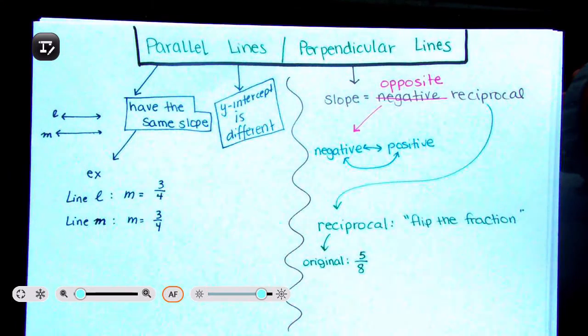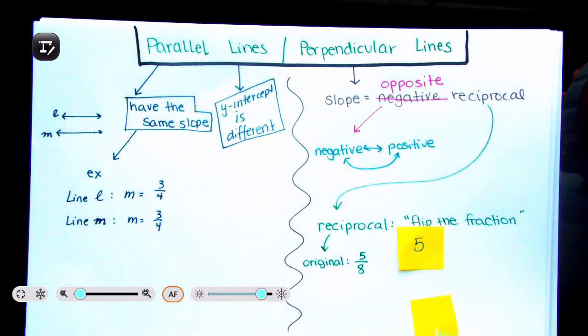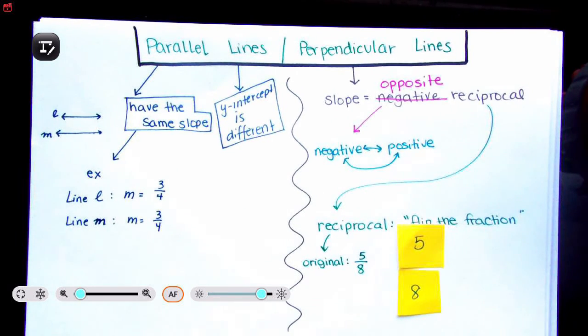So here's 5, and then here's 8. What a reciprocal is, you switch the place or flip the numbers in the fraction. So if 5 was on top, 5 is now going to be on the bottom.